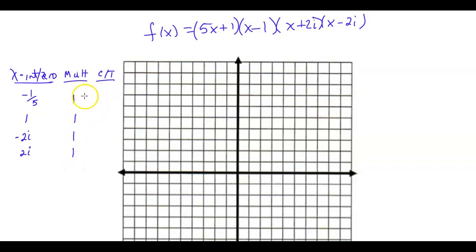And since all 4 of them end up being 1, then of course, they all will cross the x-axis. But for these last two, the concept of crossing the x-axis doesn't make any sense because I'm not going to be able to see it. So here, what I'll just do in this case is we'll just put not applicable here.